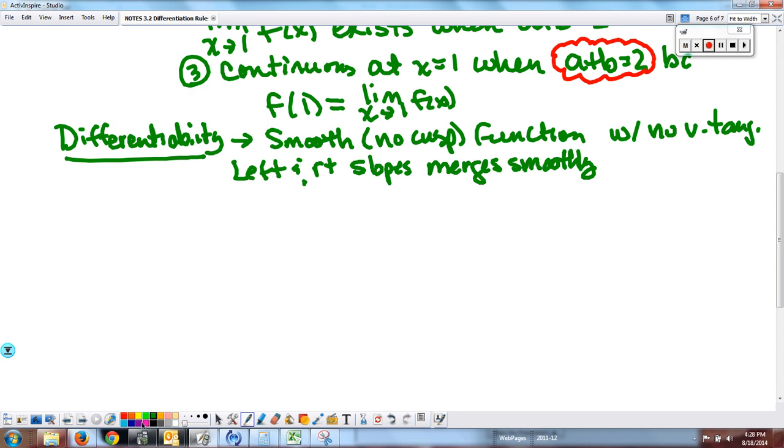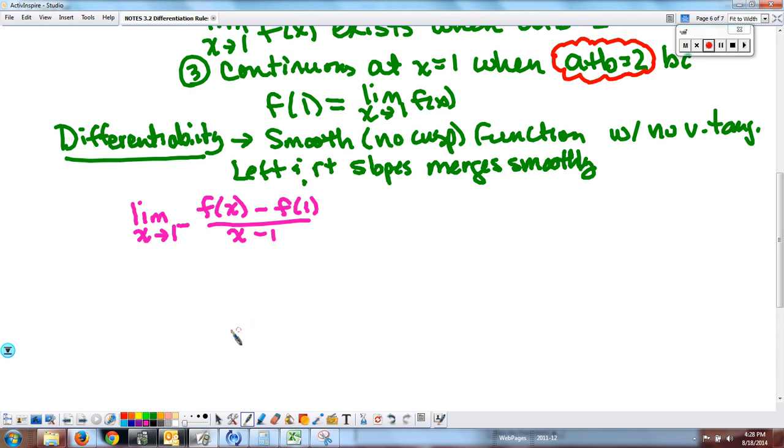Now, when we had done this in the past, as a review, we would do the limit as x approaches 1 from the left of the derivative function. Because we're doing the derivative, we would have done f of x, using the alternate form, minus f of 1 over x minus 1.